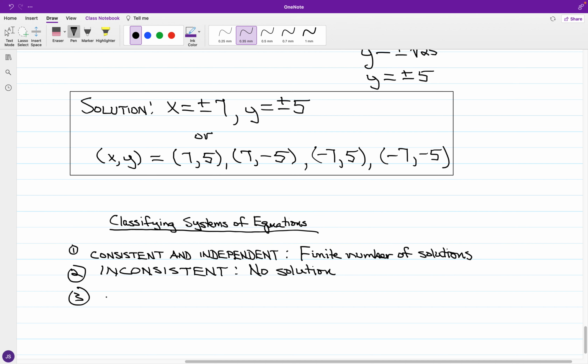And then in the third, you can have essentially an identity, which is consistent and dependent.